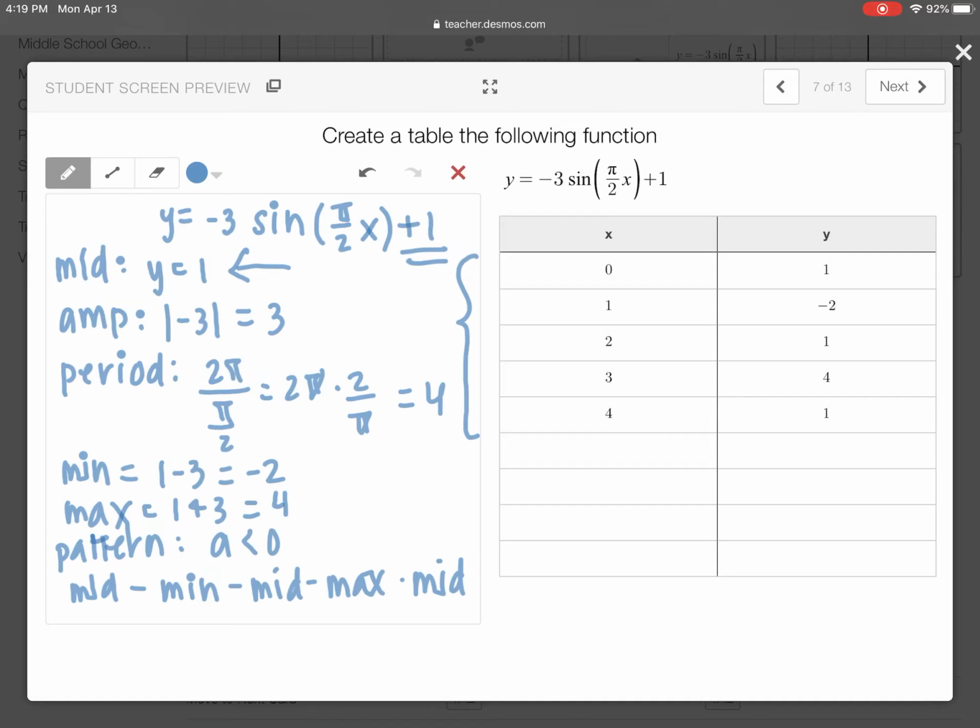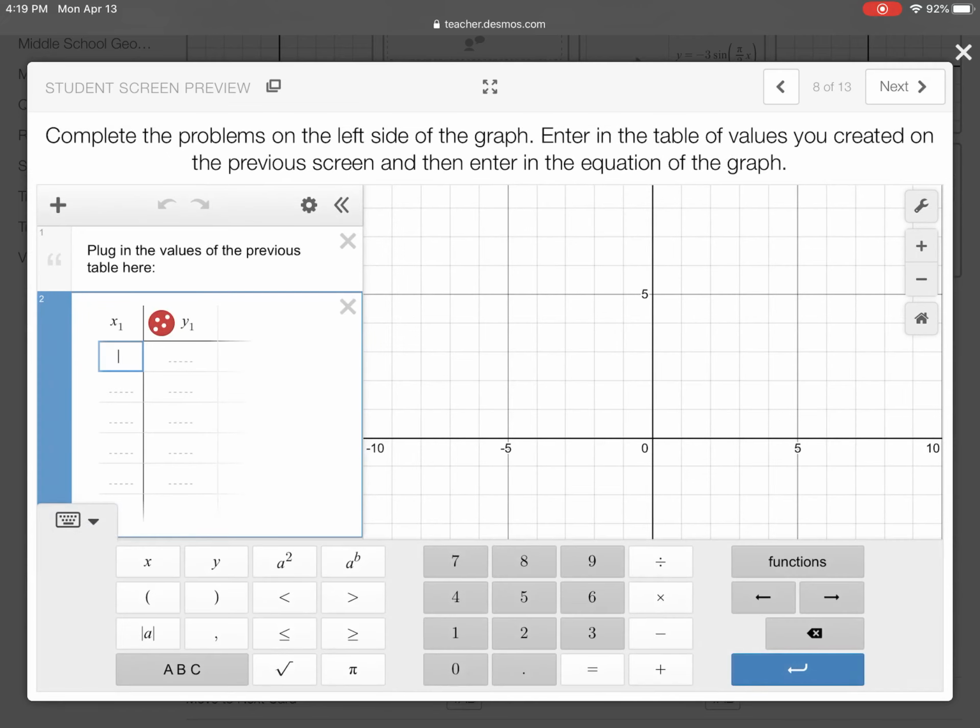Right, so that's how we determine our minimum and our maximum for this pattern. So now let's go to graphing this. All right, our x values, we did 0, 1, 2, 3, and 4. Your y values, well, we started at our midline, which was 1, to our minimum, -2, midline, which is 1, maximum is 4, back down to your midline, which is 1. So your red dots will pop up.